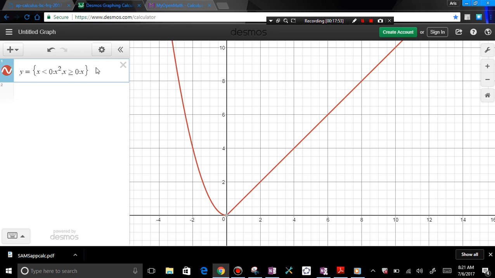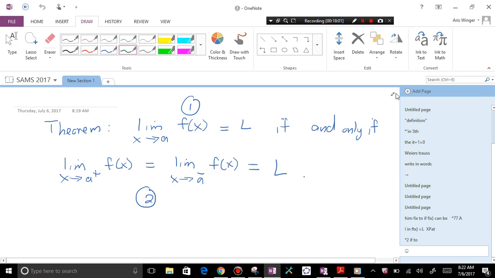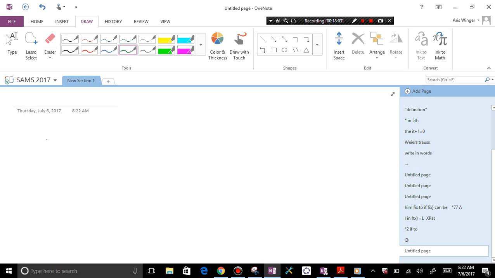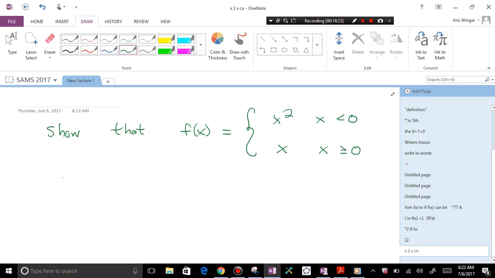Is there a limit at 0? Yes. Okay, so let's prove that. Show that f of x equal to x squared if x is less than 0, and x if x is greater than or equal to 0 has a limit at x equals 0.